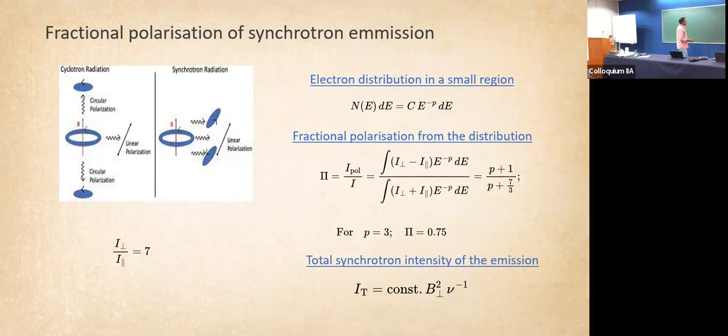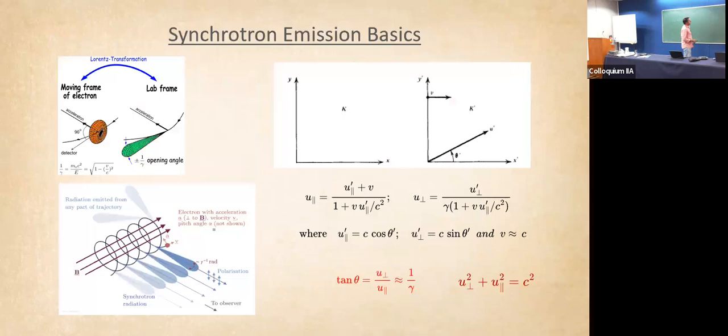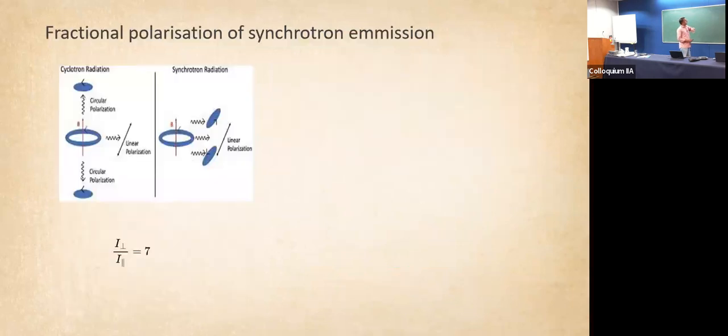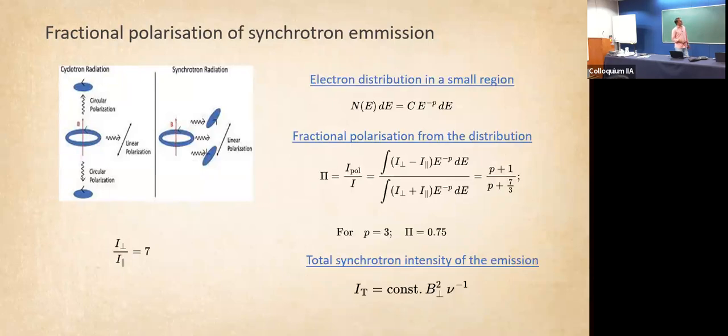Just look at this plot. This is the dipole radiation, which is happening in all directions. In the cyclotron radiation case, if you observe along the parallel direction, there is emission, which is circularly polarized. In synchrotron emission there will also be some circular component in the perpendicular direction, but that component will be very small compared to the linearly polarized component, and it is only considered a contamination.